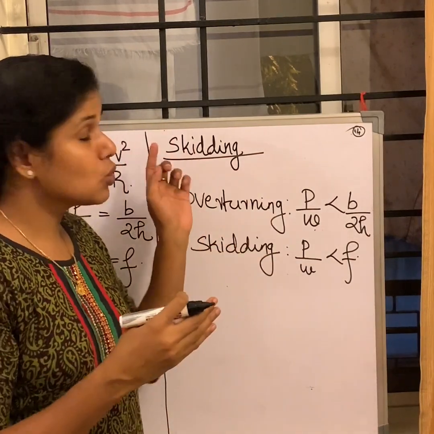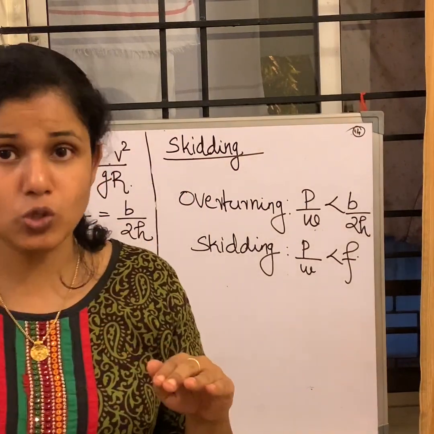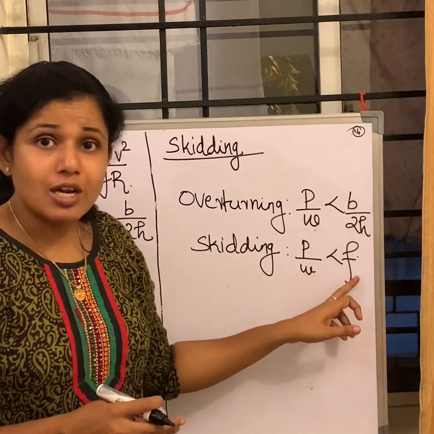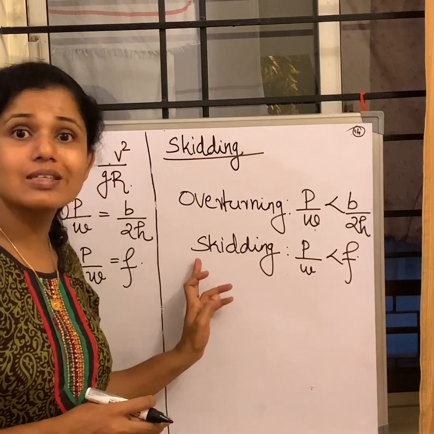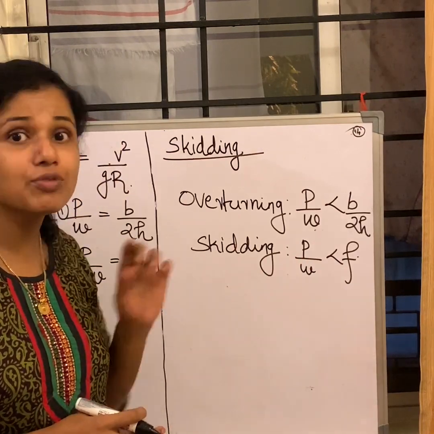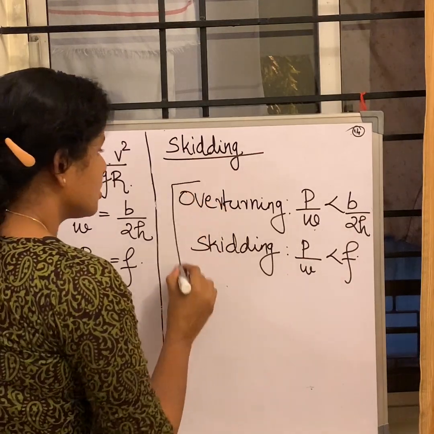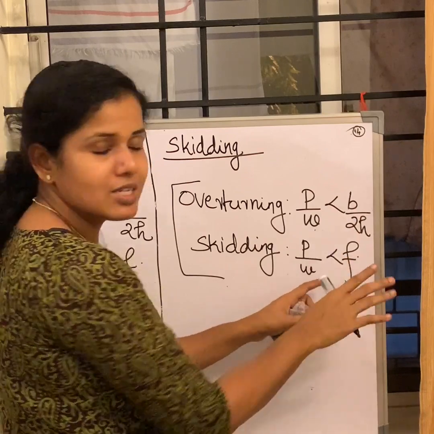Please understand, I told you in the very beginning, we are emphasizing plain horizontal curves. There is no super elevation at all. So frictional resistance is the major factor ruling here, because whether skidding happens or not depends on it when there is no elevation. So this is the criteria for us: make sure that P by W is always less than B by 2H and always less than friction.